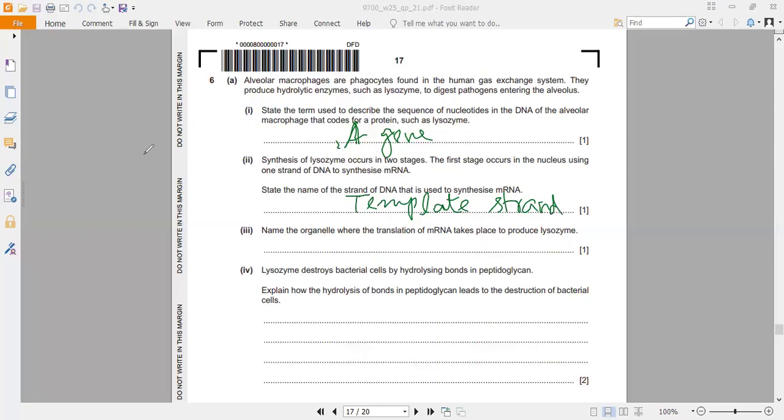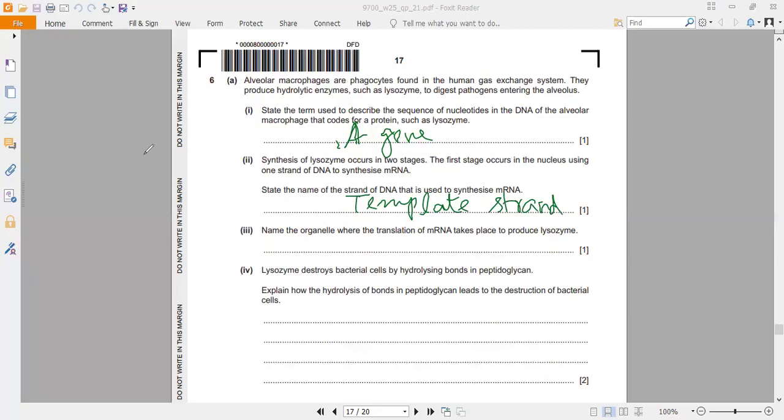Name the organelle where the translation of messenger RNA takes place to produce lysozyme. Again, very easy. Transcription and translation are the 2 stages. Transcription takes place in the nucleus, then the translation takes place on the ribosomes.